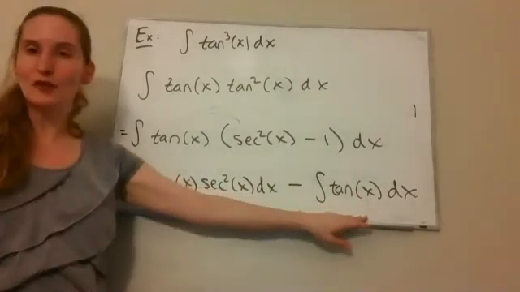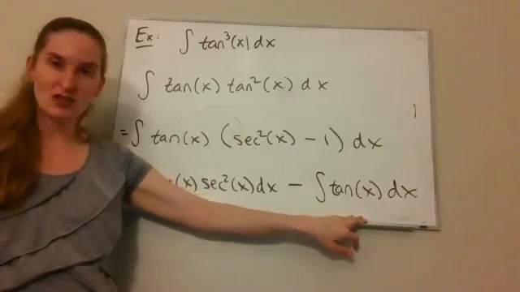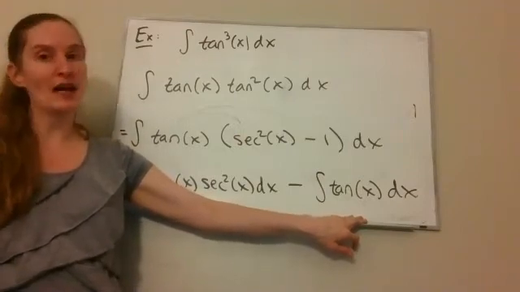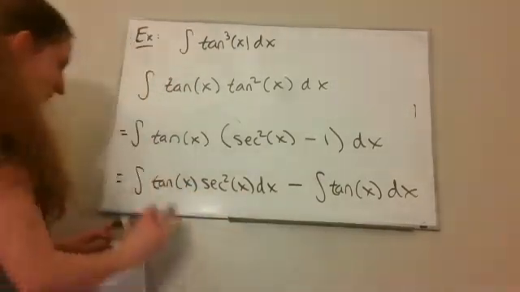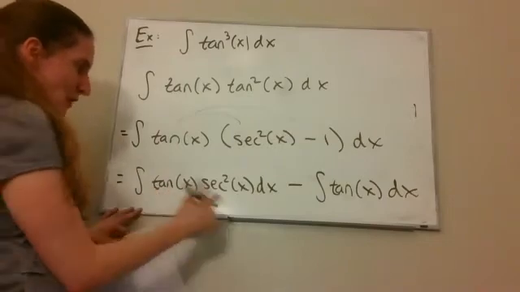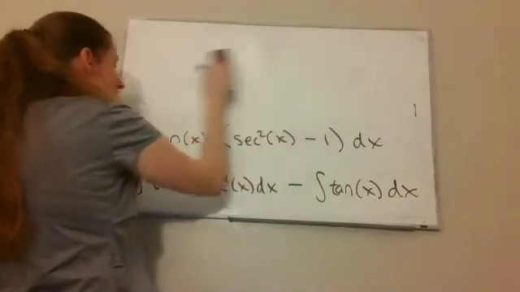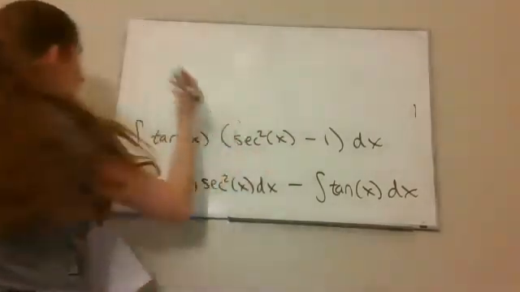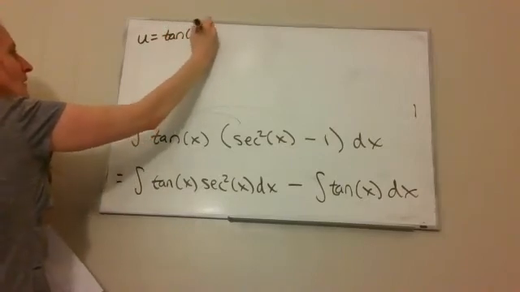This second integral over here is one of those formulas that I just wrote down. The integral of tangent is equal to the natural log of the absolute value of secant of x. And for this guy, I can just do u equals tangent, because then du takes care of that secant squared. So for the first integral only, we're going to do u is tangent.